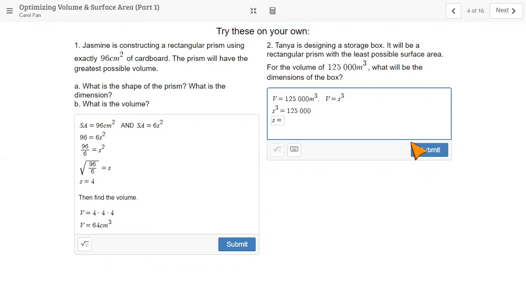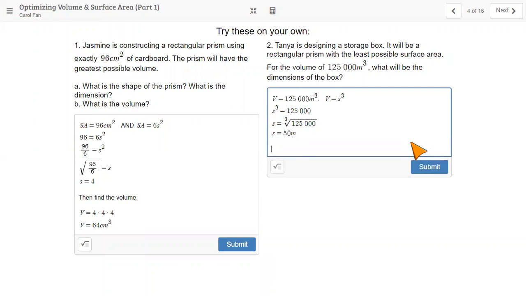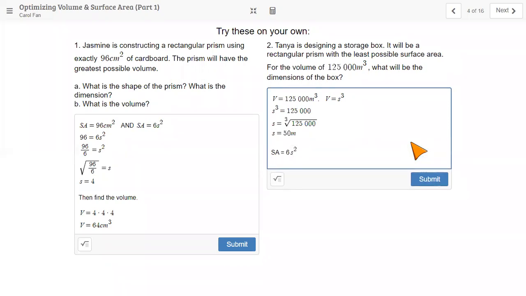Let's take the cube root of this, and we have side is equal to 50 meters. It's not asking us for the surface area, but we can tell them the dimension as was asked. What's the dimension of the box?